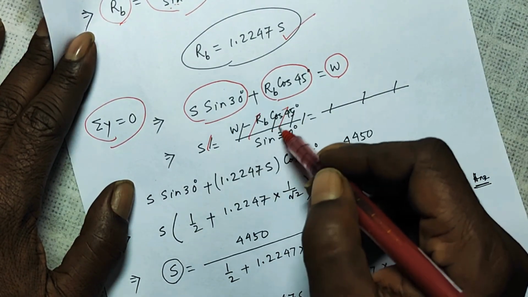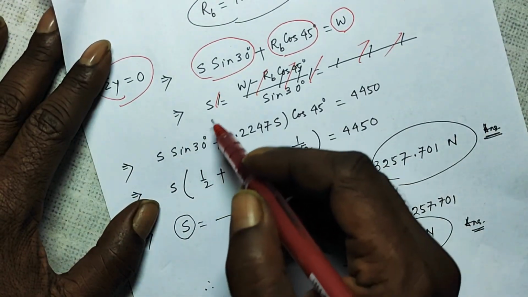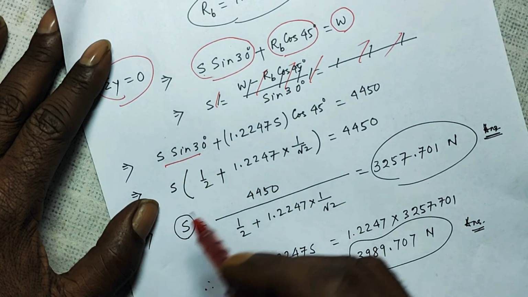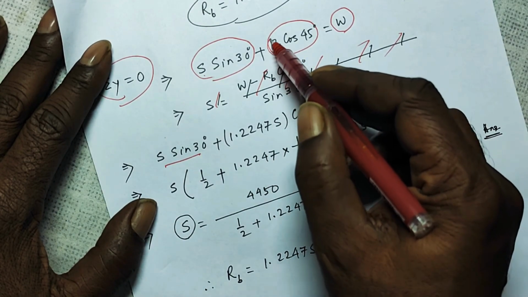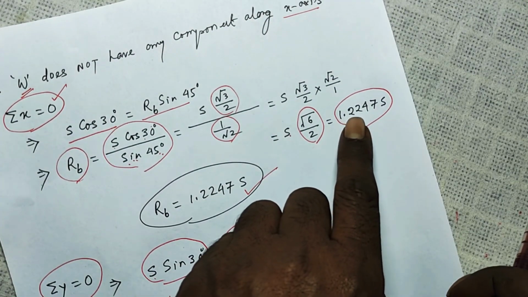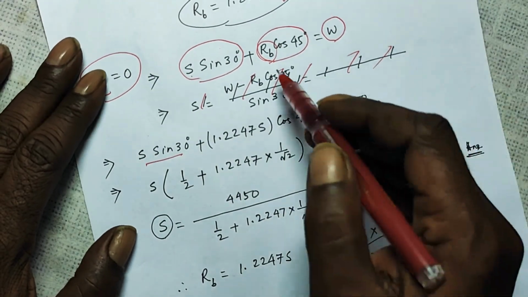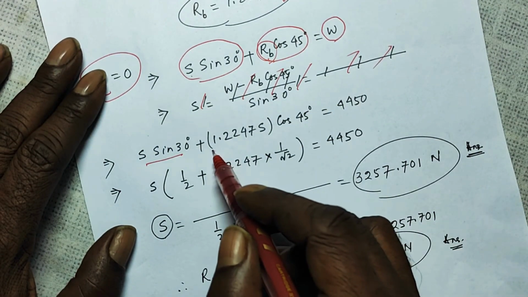So don't look at this part. Now I do it like this. S sine 30 remains as such. For RB, which I just found as 1.2247 times S, I have put the value of RB here.